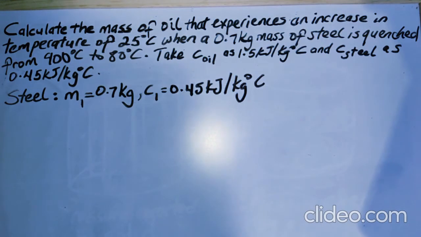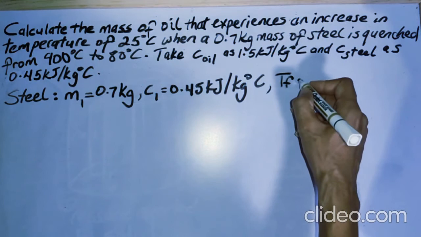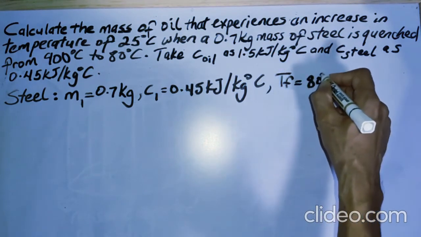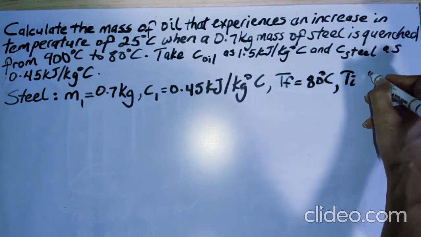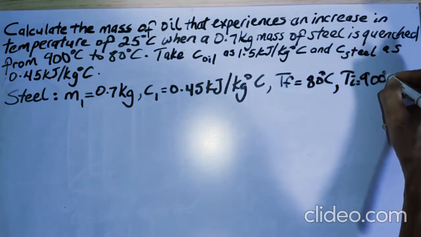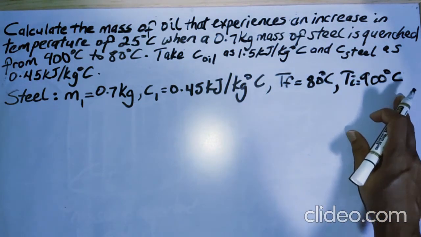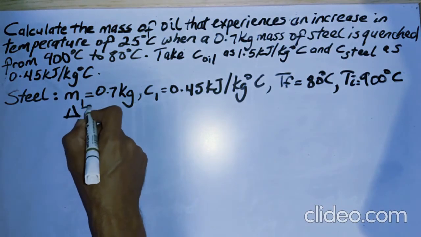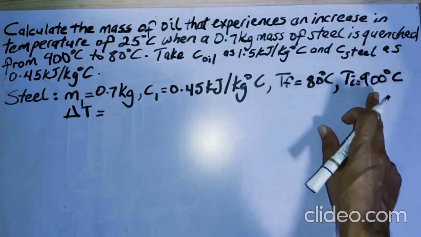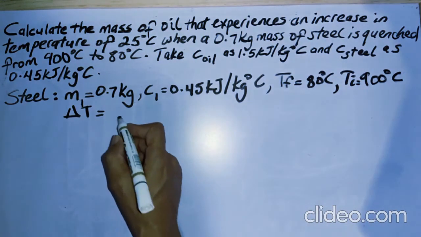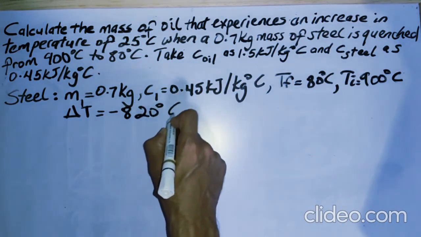The temperatures would be TF 80 degrees Celsius, TI 900 degrees Celsius, and of course we could calculate delta T for the steel, which is 80 minus 900 degrees Celsius, which leaves us with negative 820 degrees Celsius.